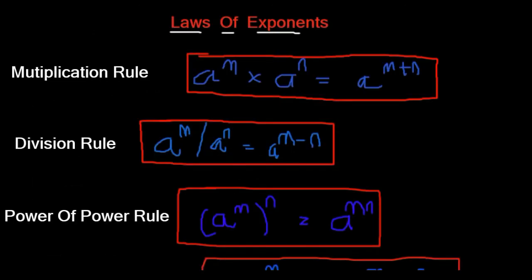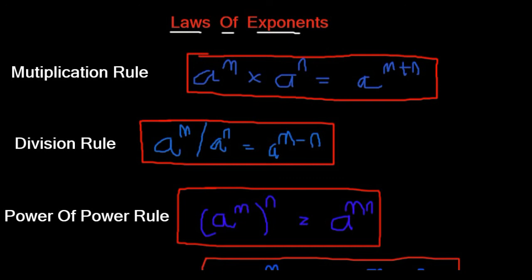Okay, now let's just review our rules. The first rule is multiplication rule. So a power m into a power n gives us a power m plus n. The next rule is division rule. So a power m divided by a power n gives us a power m minus n. The next one is power of power rule.